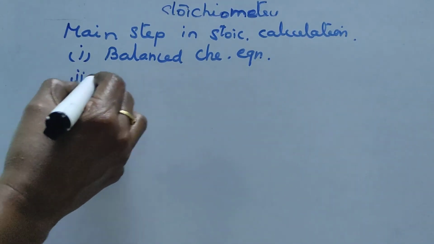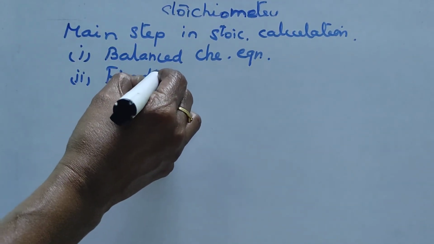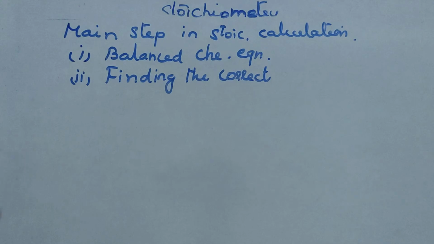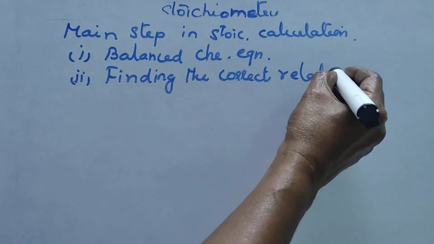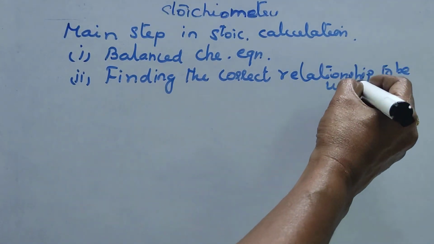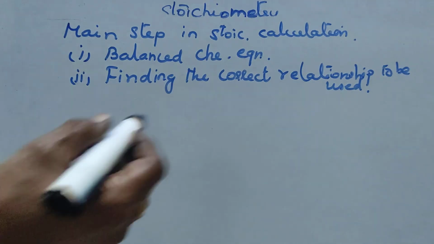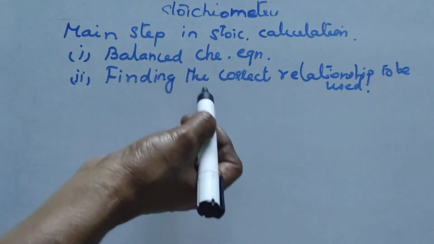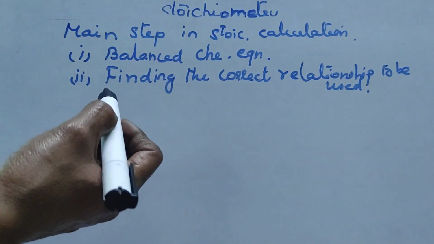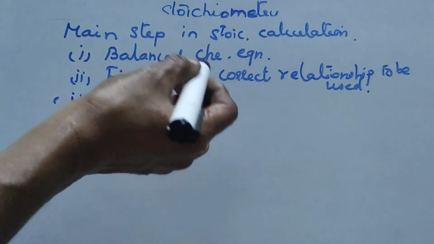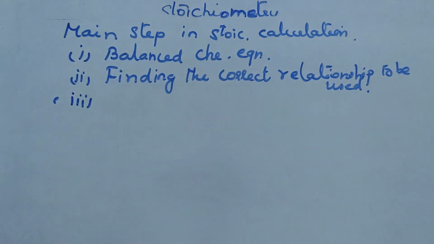Second one, finding the correct relationship to be used in the calculation. What relationship we are going to use here, whether it is mole-mole relationship or mole-mass relationship, volume-volume relationship, mass-volume relationship, which relationship we are going to take in this stoichiometry calculation, that we should find out.